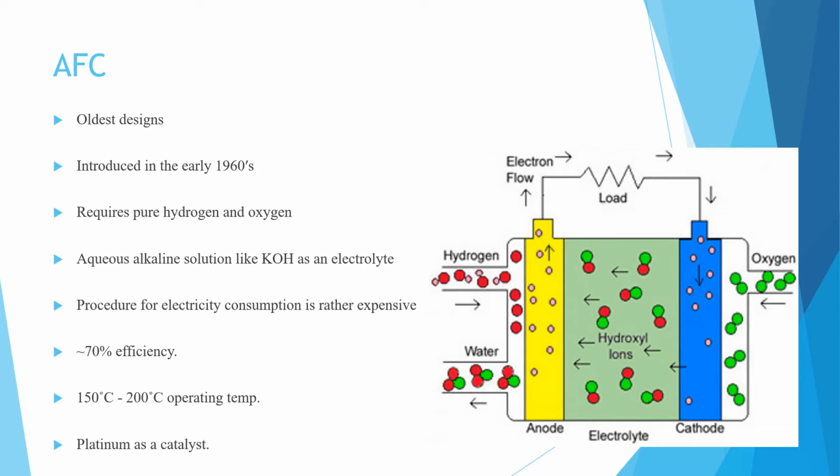The operating temperature is between 150 degrees Celsius and 200 degrees Celsius, and the cell output ranges from 300 watt to 5 kilowatt. So students, these are the basic things of the AFC, and here is a diagram of the AFC.